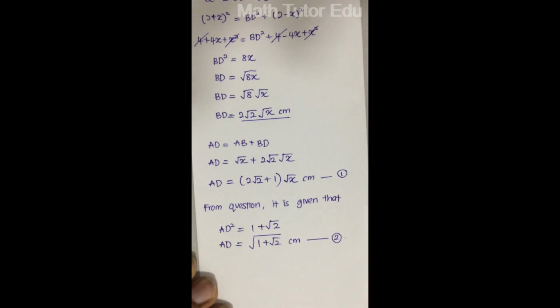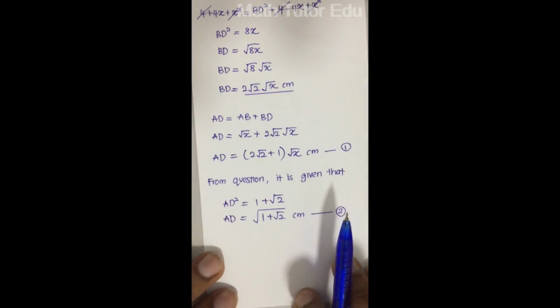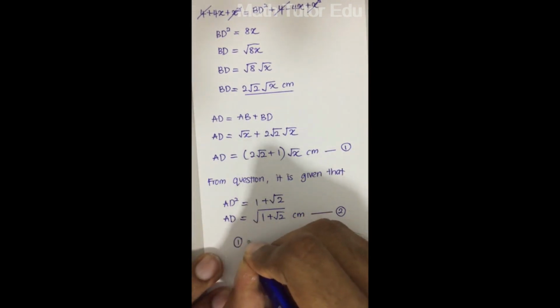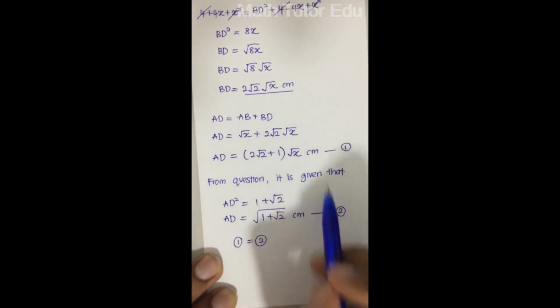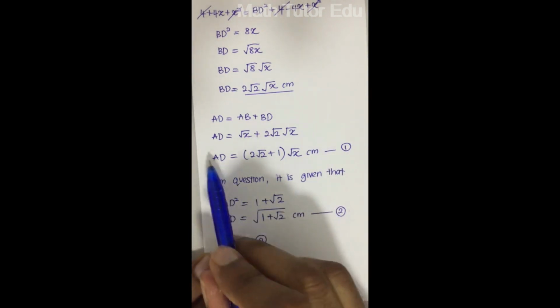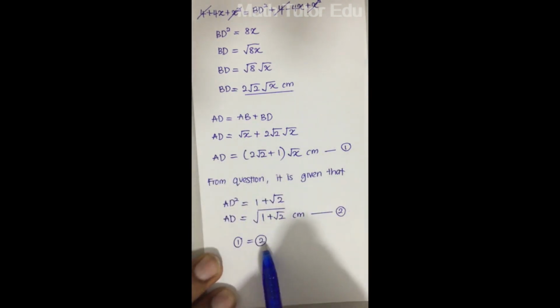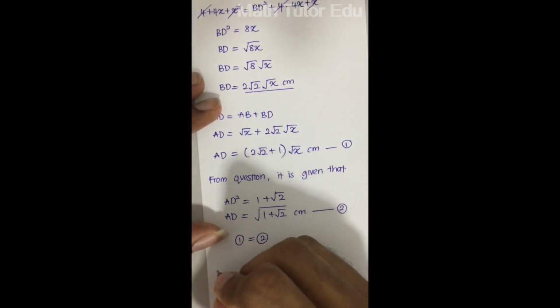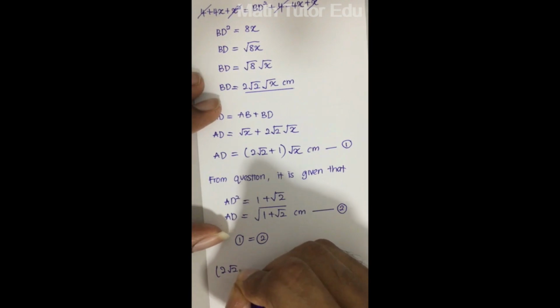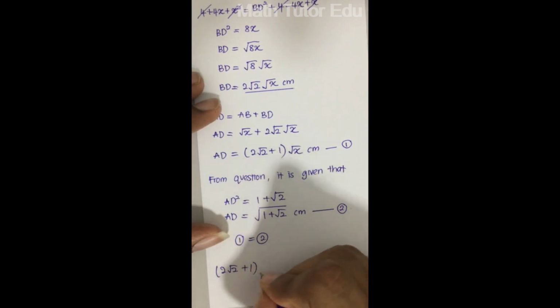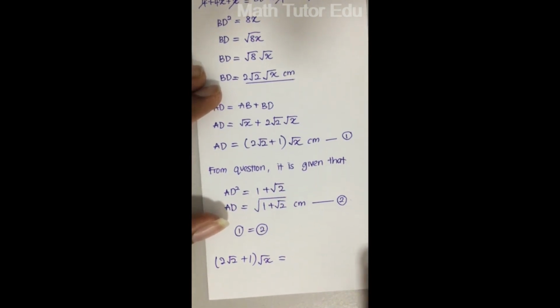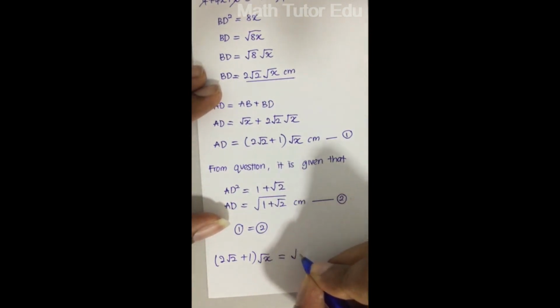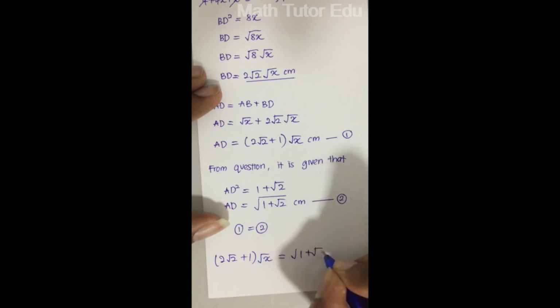For the next step, we're going to compare equation 1 and equation 2 together. Since equation 1 equals equation 2, because both of them represent AD, from here (2 surd 2 plus 1) surd x equals the square root of 1 plus surd 2.